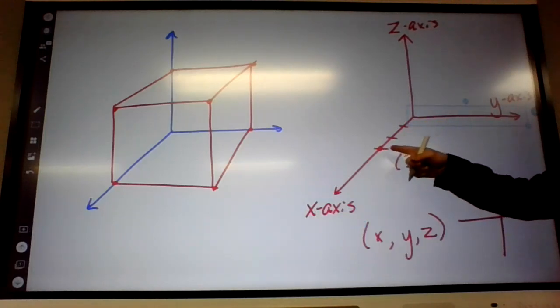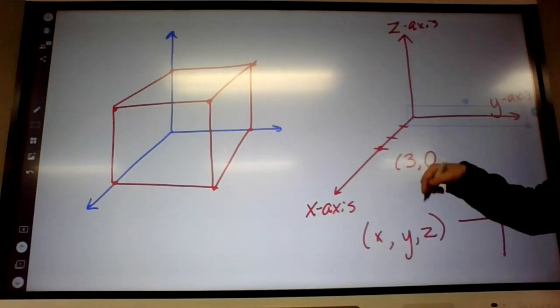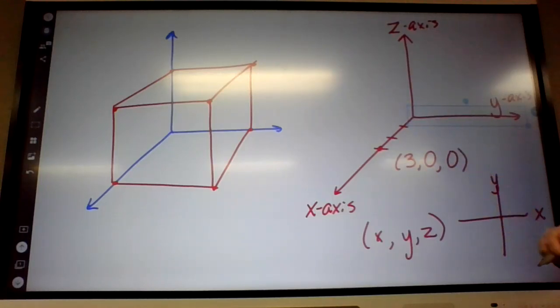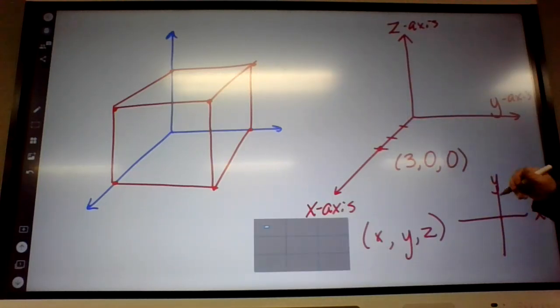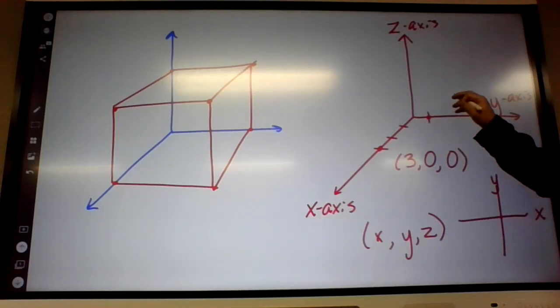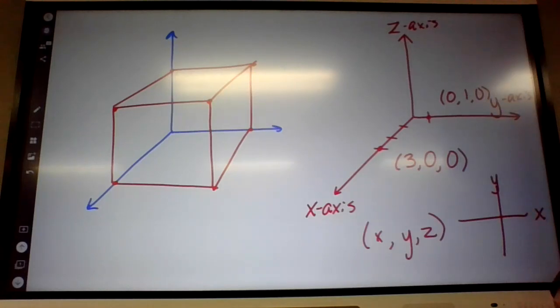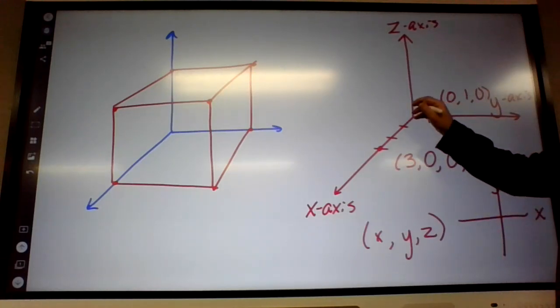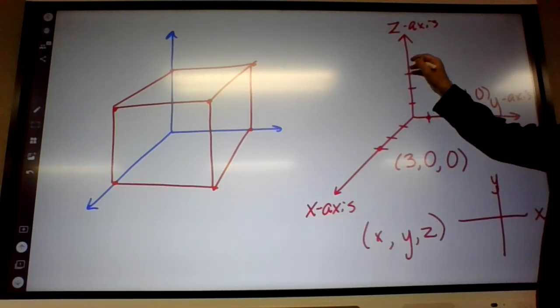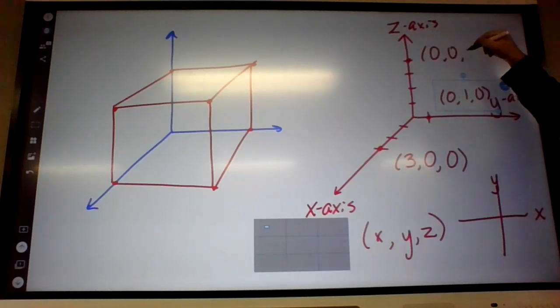So 3, and it's not anywhere to the right or left, so it's 0, and it's not up or down, so it's 3, 0, 0. If I go on the y-axis and put one right there, that would be 0, 1, 0. Or if I go on the z-axis, that would be 0, 0, 4.